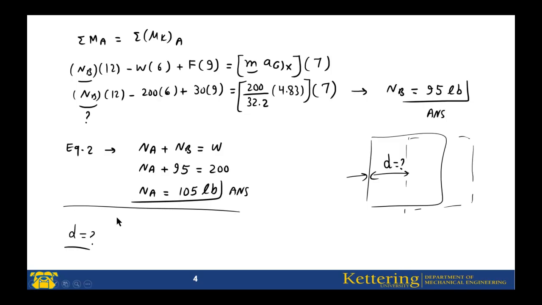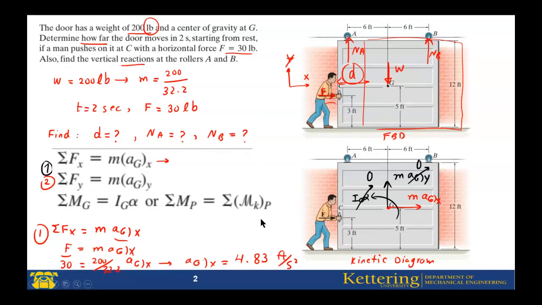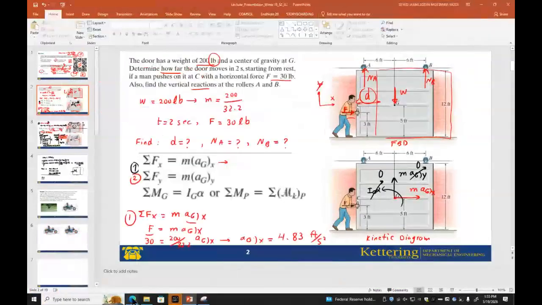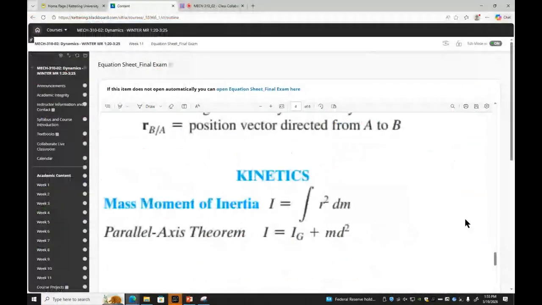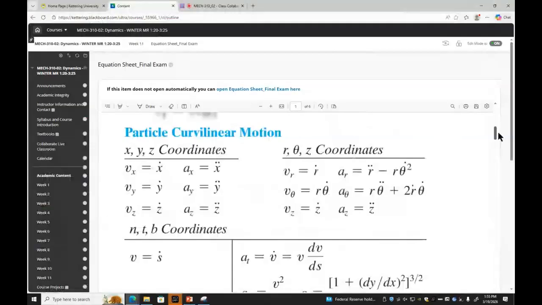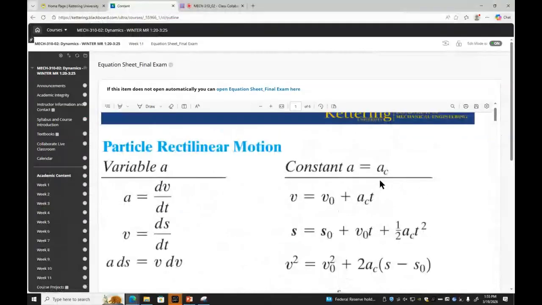If you look at this slide, we found the acceleration is a constant, 4.83. Now you have it as a constant. Refer to the equation sheet I provided for you. Then, since this is constant, you need to use one of these. Which one? This one.